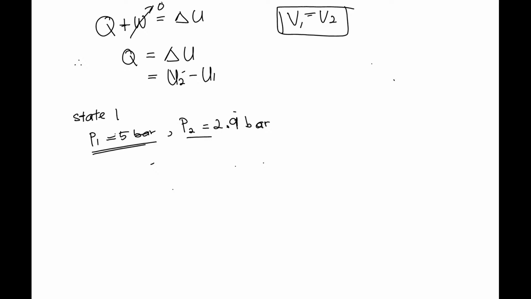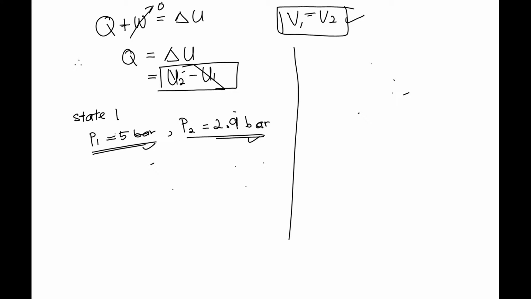So we know as well there are changes of pressure here. Even though volume is a constant, there are still changes of pressure. So in this calculation, you need to consider the pressure, and it is still relative to the internal energy. Then we go to this formula.